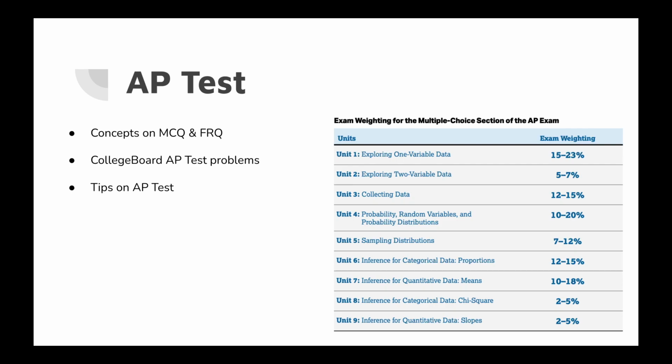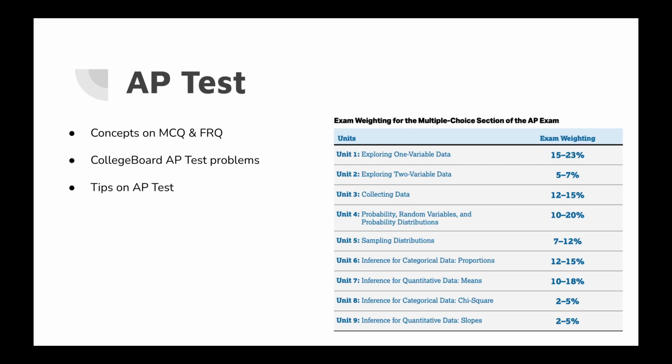For Unit 3, collecting data, we will learn how to collect data for our samples. For example, we can gather 12 students at random, but instead, we can also choose one student from each grade level so that we can get 12 students.